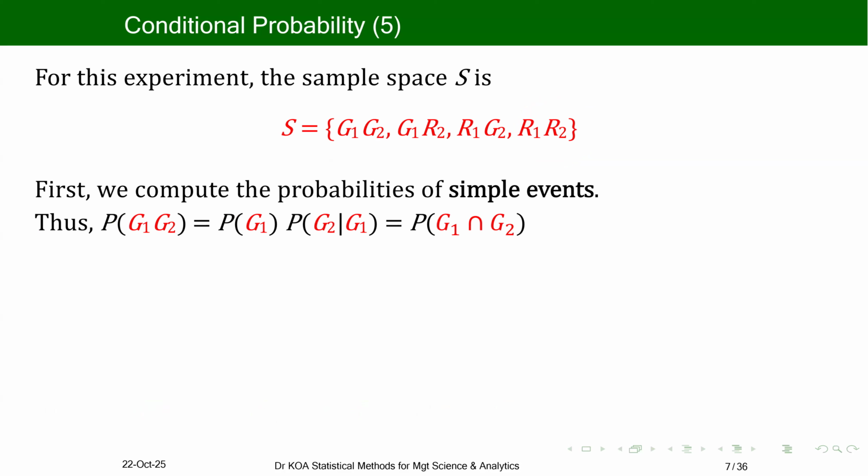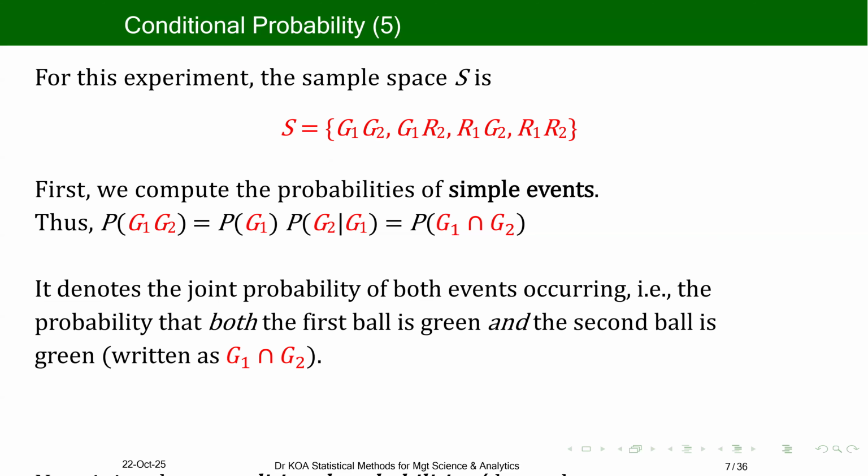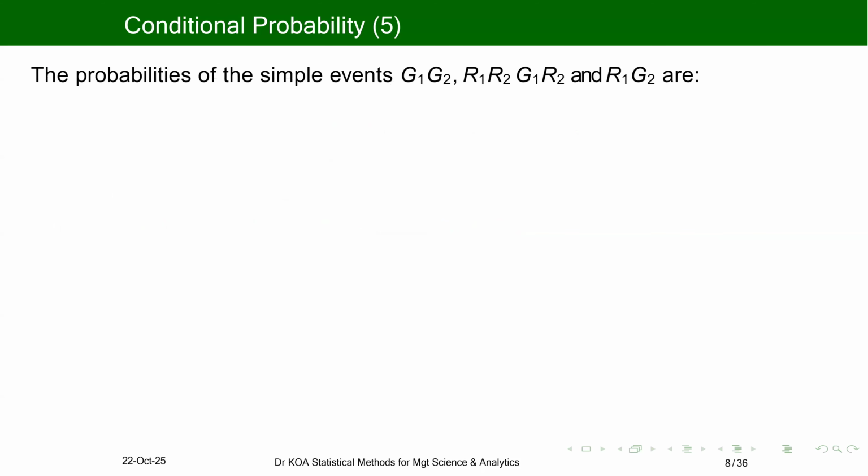The first thing I want you to do is find the simple event probabilities here: G1, G2, R1, R2, G1 R2, and R1 G2. Let me show you what you're finding.